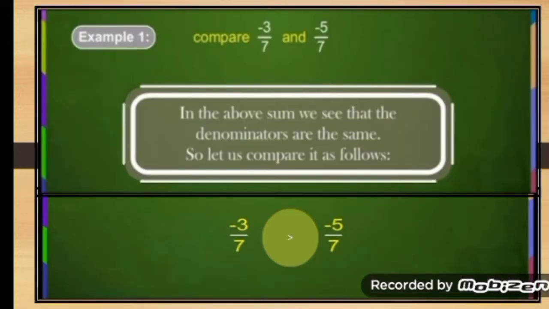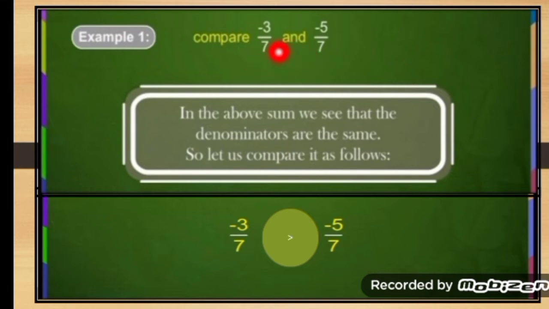Let's see the examples now, then these steps will be more clear to you. In the first example, we have to compare the rational numbers -3/7 and -5/7. You can see that the denominators of both rational numbers are positive and also the same. So we don't need to do any step.